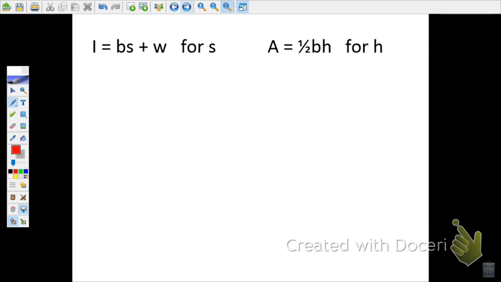Next one. We have L equals B times S plus W. And I want the letter S by itself.